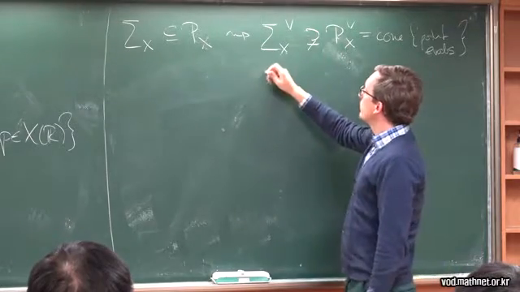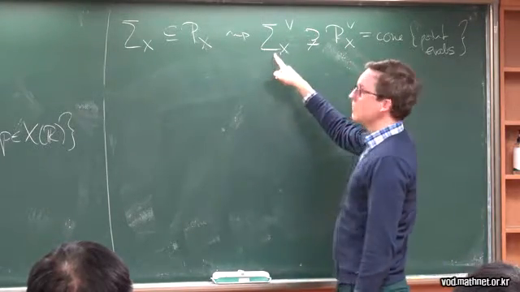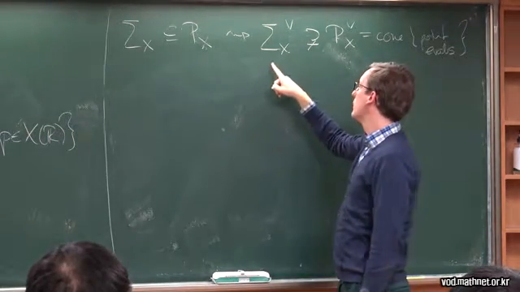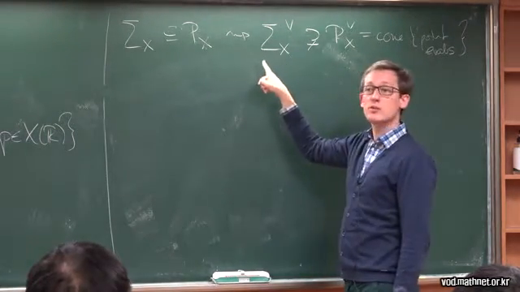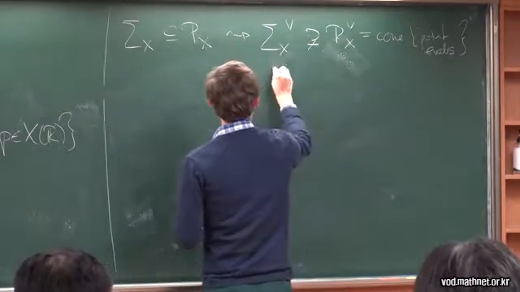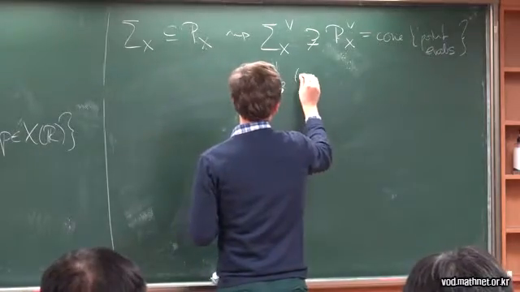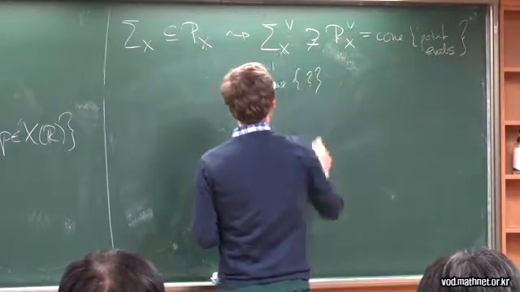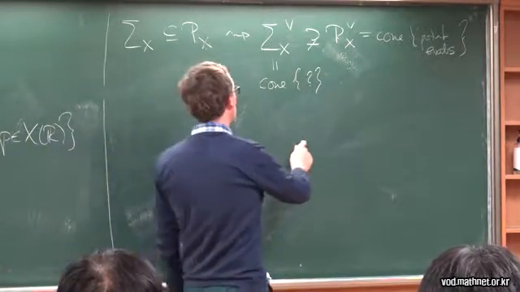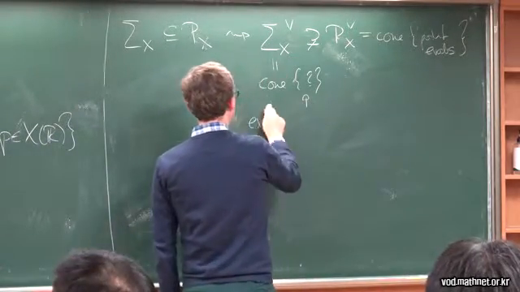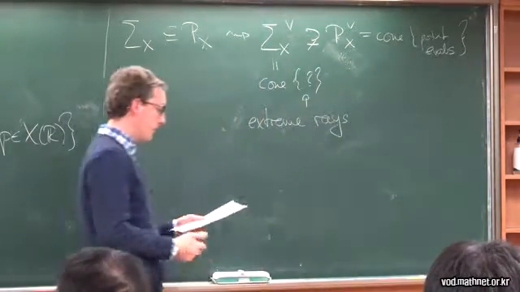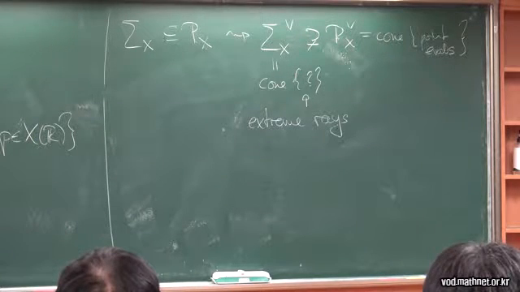So a question that we ask: what is this cone minimally generated by? In terms of convex geometry, I'm asking what are the extreme rays of this cone. So this is the cone generated by what? That is the question. And these things that should go there are called extreme rays. So really I'm looking for a minimal generating set for this cone.